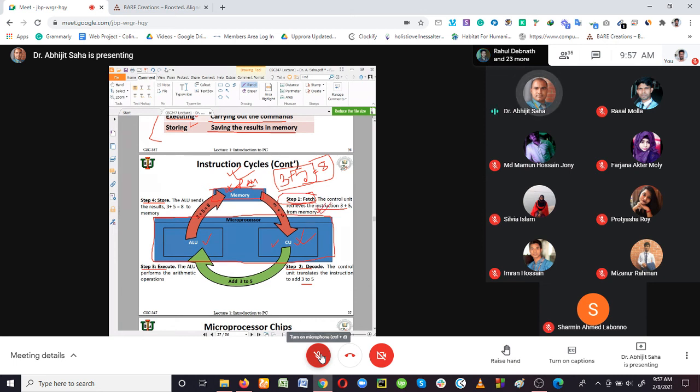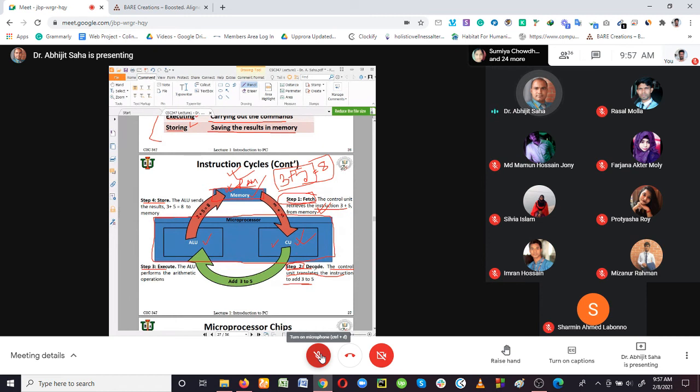Now when the instruction is brought from the memory to the control unit, the second step comes. The instruction it brought, 3 plus 5, needs to be translated. The control unit translates the instruction to add 3 to 5.